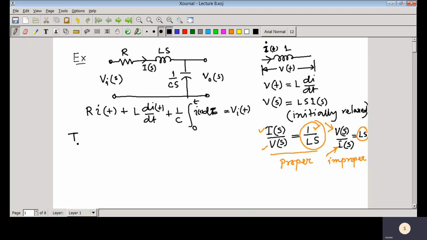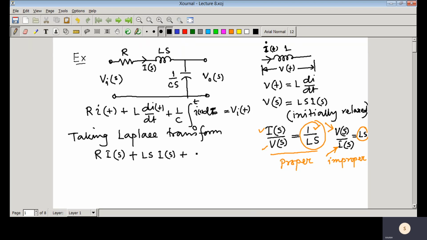Taking the Laplace transform, what you get is R I(s) plus Ls I(s) plus 1 by Cs I(s) equal to Vi(s).